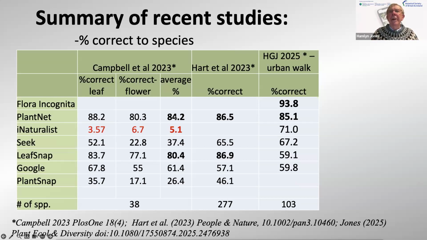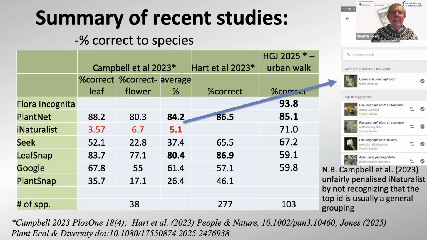So they came out very well, but you'll notice that they've given incredibly low accuracies to iNaturalist. Now that, I think, was a mistake, because what they did was they didn't recognize that that first item that was given by the app was in fact a genus, its statement of what the genus was.